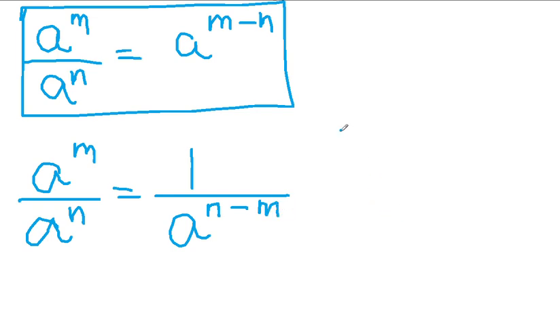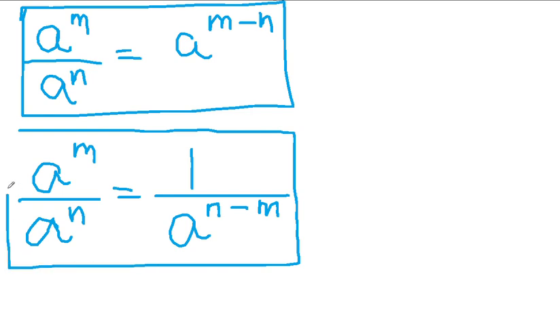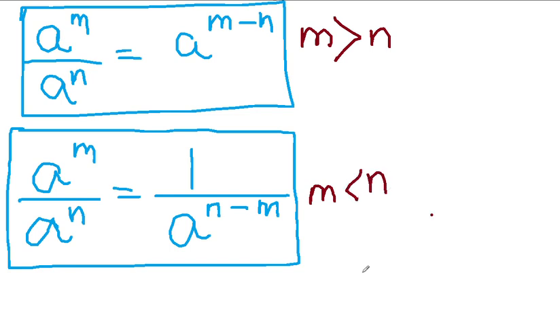Now, what happens in this scenario? I'm going to take an example and show it to you. So these are two separate formulas. Suppose we have a to the power of, in this case, m is more than n. And in this case, m is less than n.